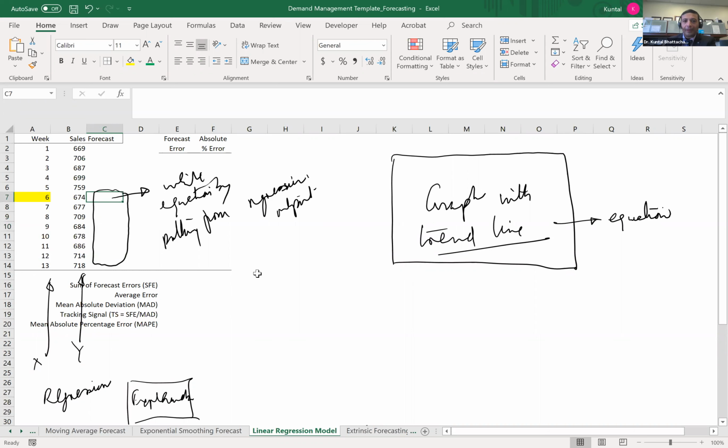Okay, so once you have that, the rest of this process is the same. Forecast error is your actual minus forecast value, and your absolute percent error is your absolute value of that forecast error divided by the actual value and make it a percent. And then based off of that, you draw your MAPE. Okay, so this is how you get your MAPE for the linear regression process.